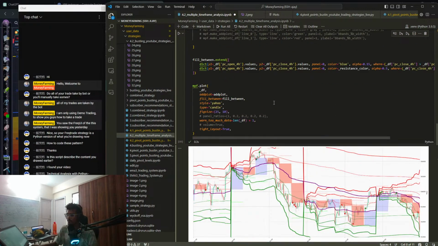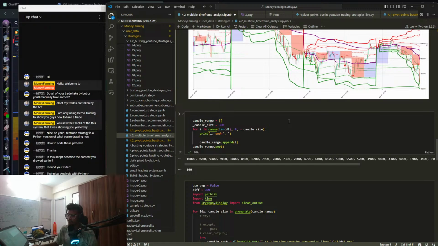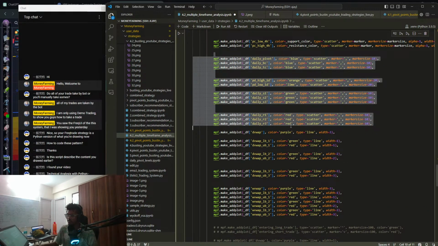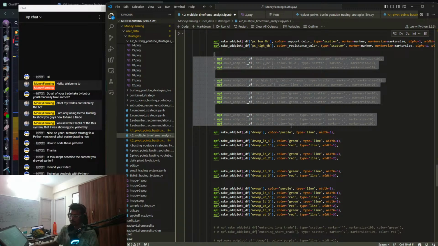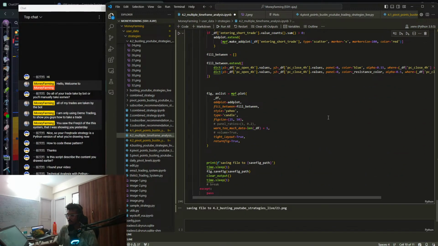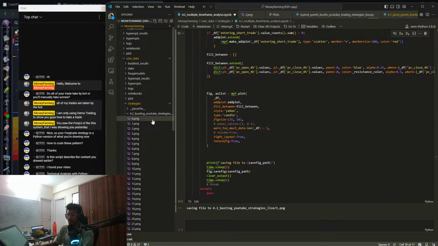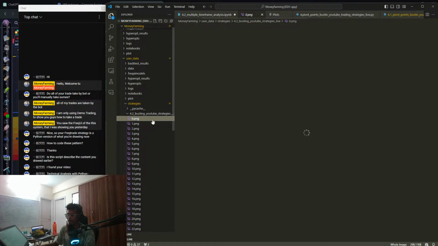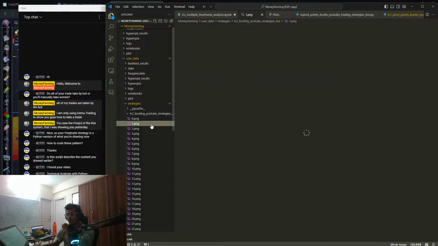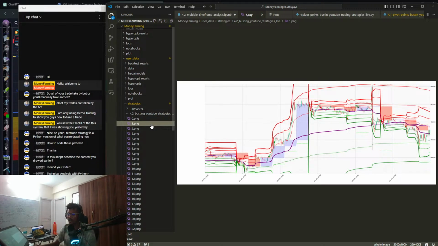Keep in mind that your chart should be clear, okay? So I got that. Let's plot it. You see the weekly and daily overlay of it.